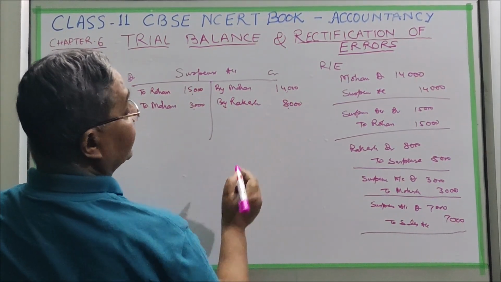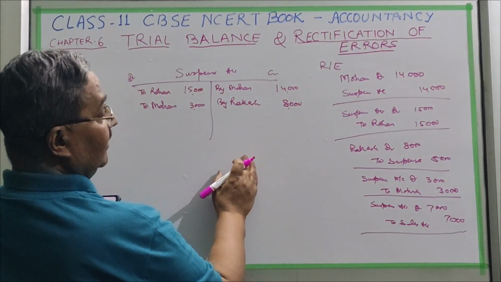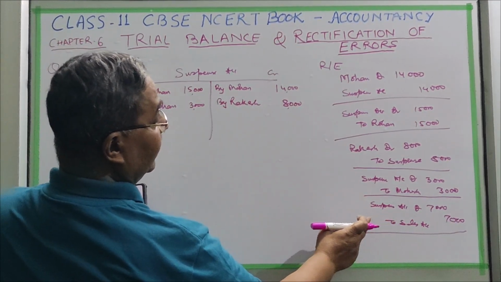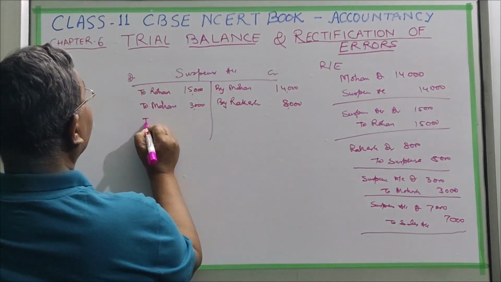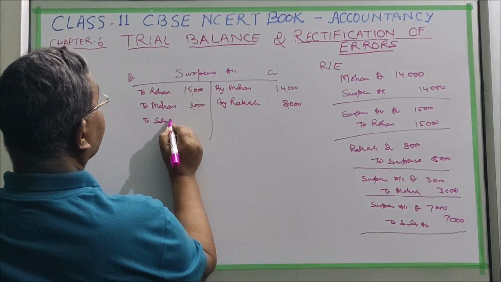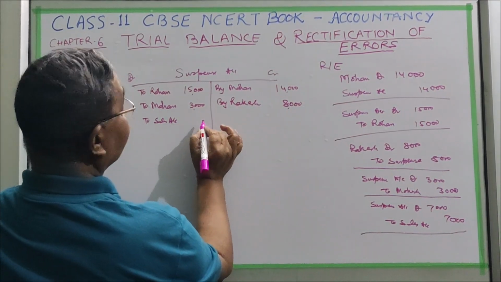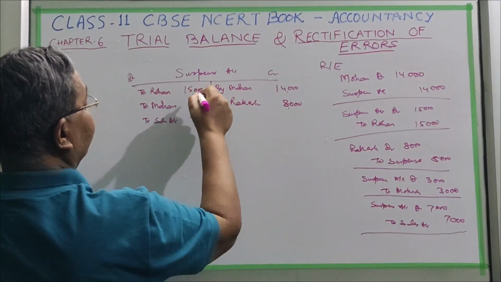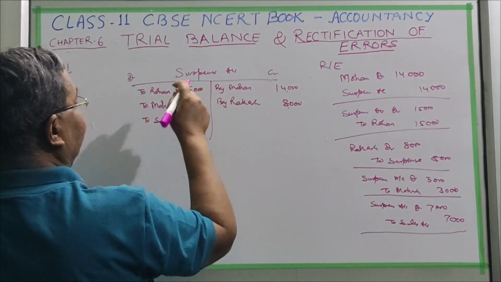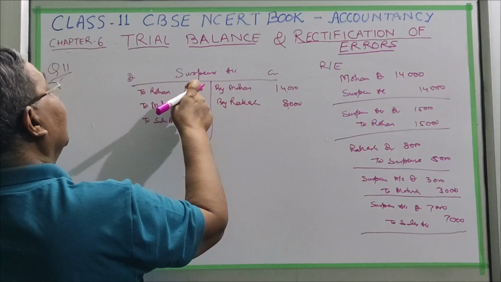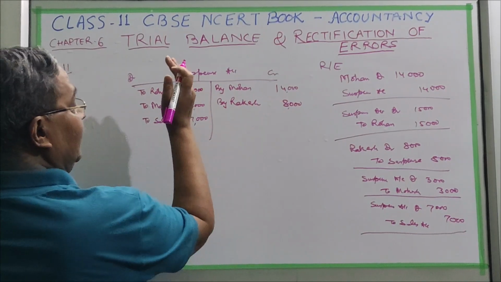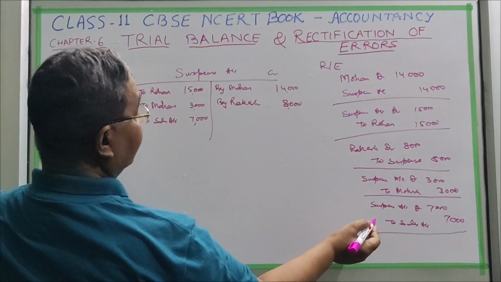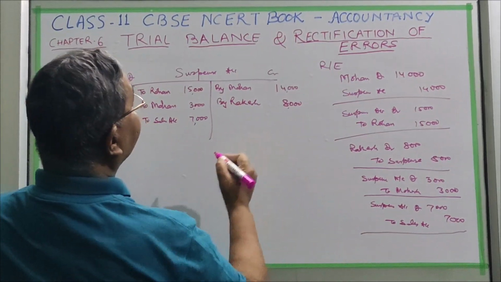Make a habit of putting this comma also. 3,000. And suspense account debit to sales, to sales account 7,000. Units place unit, tens place tens, hundreds place hundred, and thousand, like alignment should be clear. So this also 7,000. Okay, all entries are done.